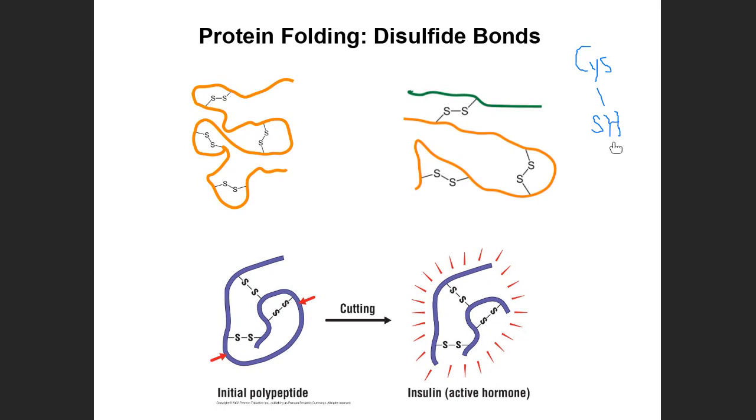We talked about functional groups before, such as an OH group called a hydroxyl group, or a phosphate group that contributes to the formation of nucleotides. Those are functional groups. Well, this amino acid called cysteine has a functional group called a sulfhydryl group, or simply represented SH.